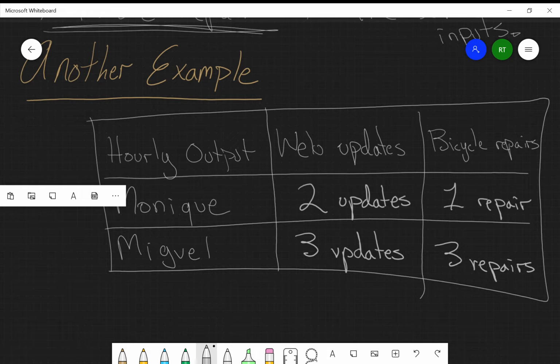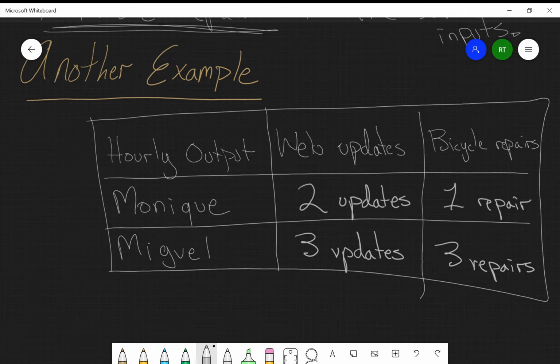So, first of all, we can tell instantly who has the absolute advantage, right? It's the person who can produce the most stuff in the least amount of time, or, given the same amount of time, can produce the most stuff. So in this situation, Miguel, in the same hour, can produce 1 more website update and 2 more bicycle repairs.